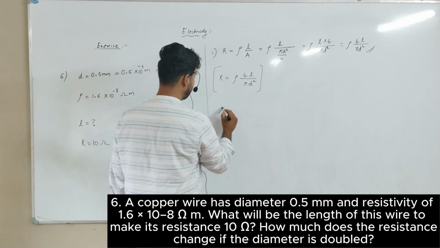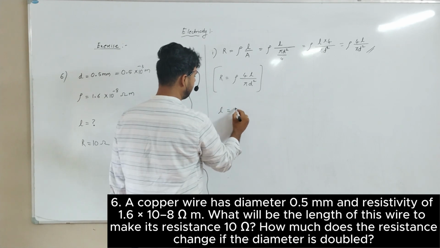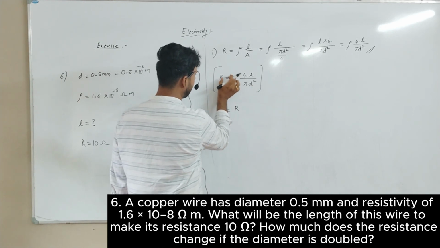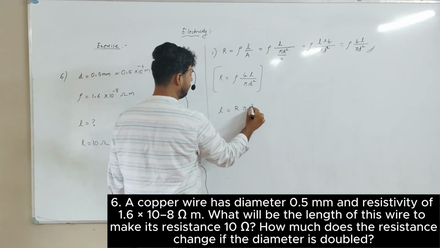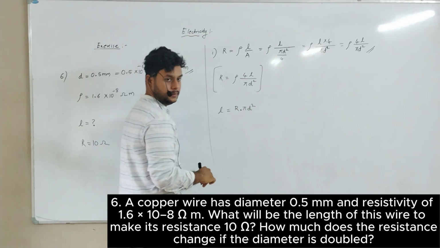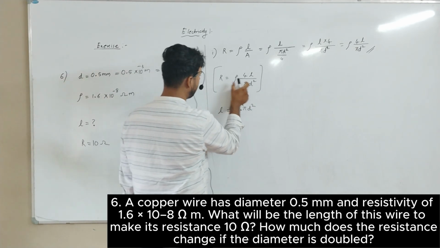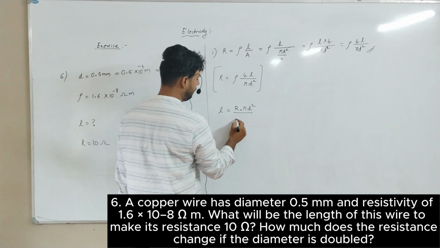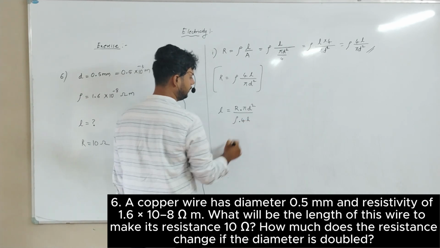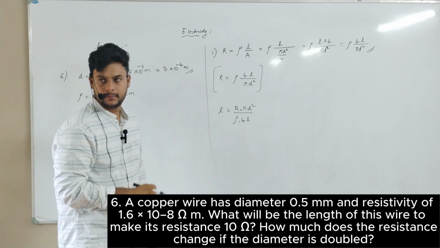So length will stay here, and I should send everything else to the other side. First R stays here. The pi d square will go from the denominator and sit here, into pi d square. Rho 4L will come in the denominator. Any doubts?